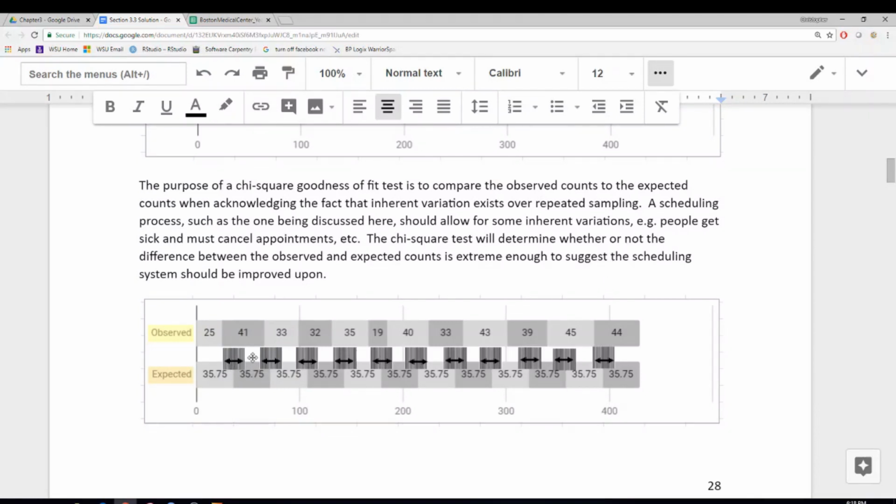So remember that inherent variation that is going to exist from sample to sample here. It's not just as simple as looking at whether the expected quantities are different than the observed. We want to take into consideration this inherent variation that we know is going to exist in this system. And the chi-square goodness of fit test does indeed do that.